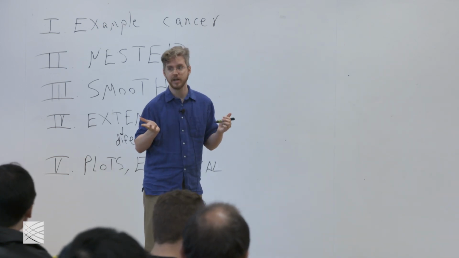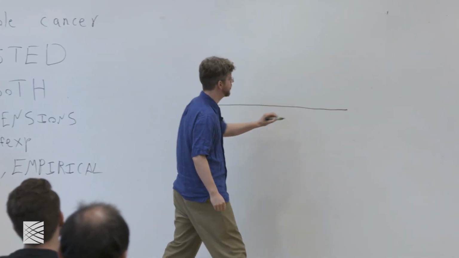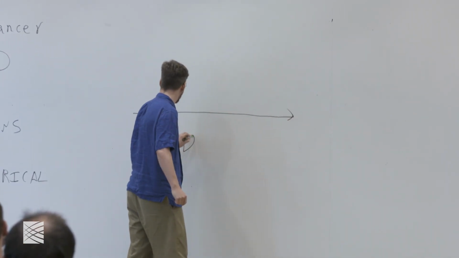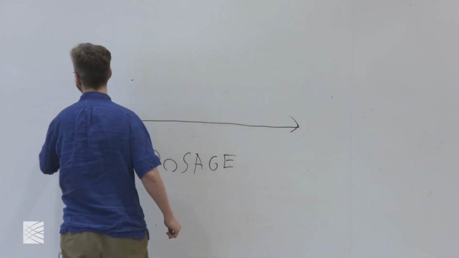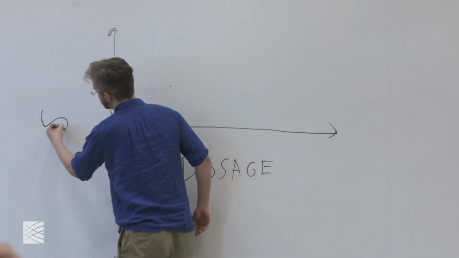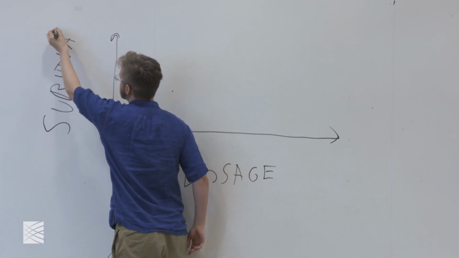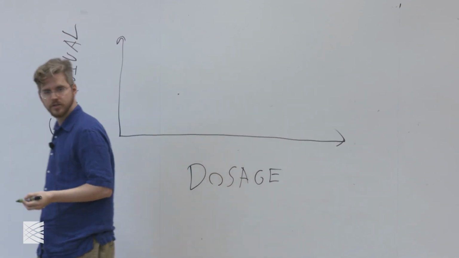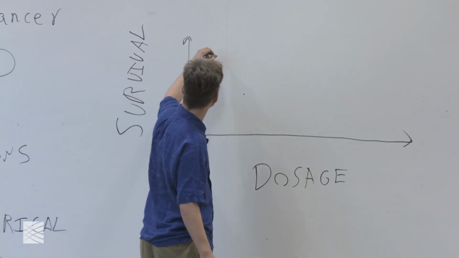Let's look at what some of this data might look like. So you're going to have different dosages. And then you're going to have this coefficient. It's a number having to do with how much light shines through, which has something to do with what proportion of the cells survived the treatment, survived the drug. And maybe you get something that looks kind of like this.